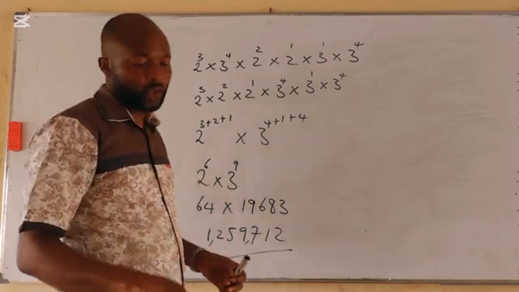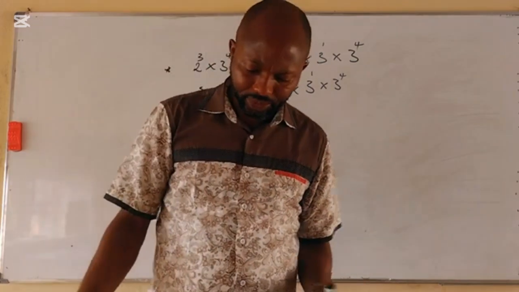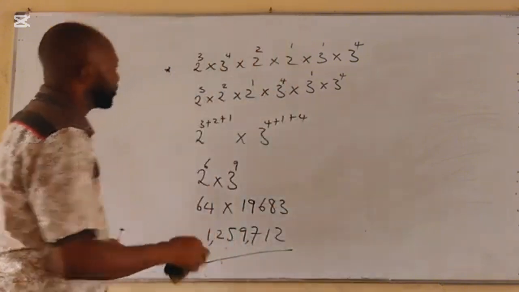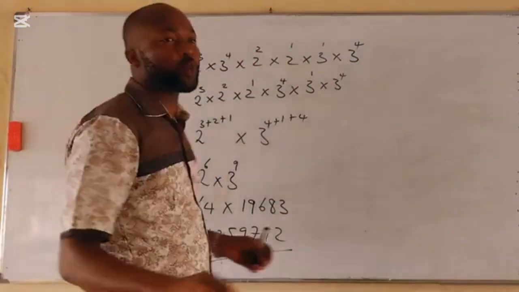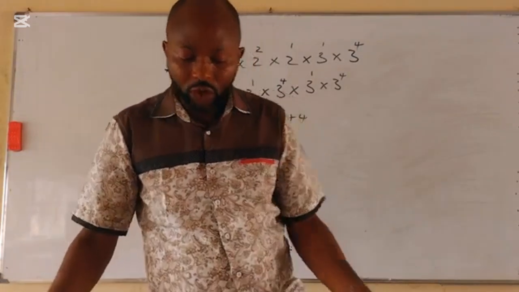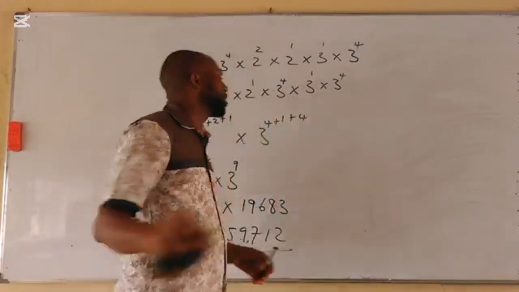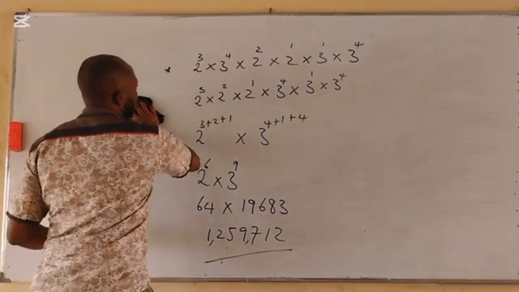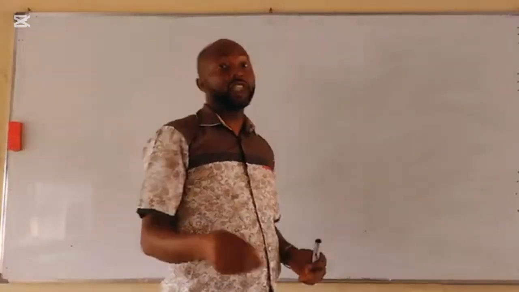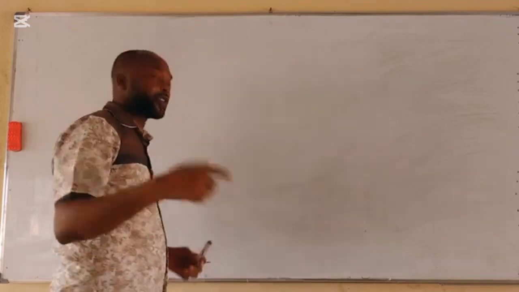Okay. So let us take the division. The division law is when numbers with equal bases are divided, the power of the divisor is subtracted from that of the dividend. So let's go the other way. So when numbers with equal bases are divided, the power of the divisor is subtracted from that of the dividend.